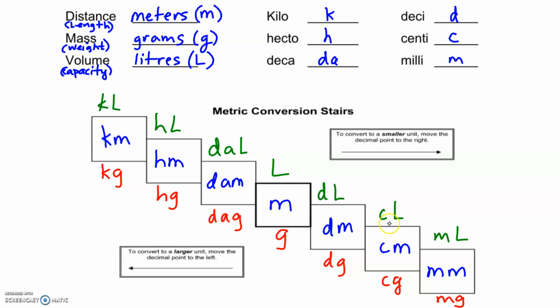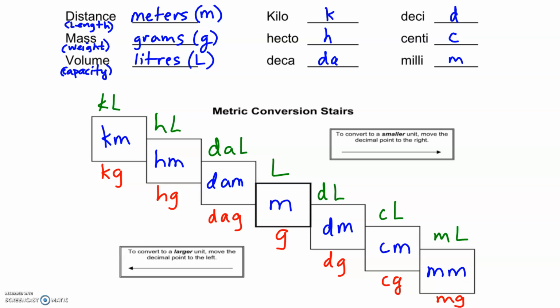But the reason that we have that spot is that the staircase is unique: every time you go down the staircase, it's like timesing by 10. And you can go up the staircase, and every time you go up, it's like dividing by 10. Even though you don't use centiliters, you need it to hold that spot because you can go down times 10.